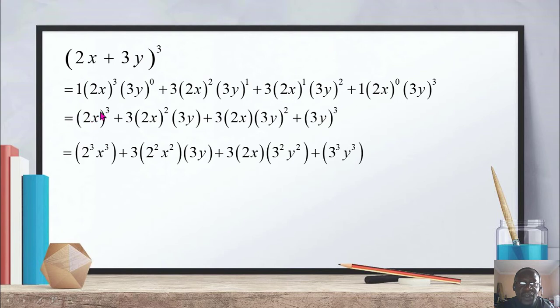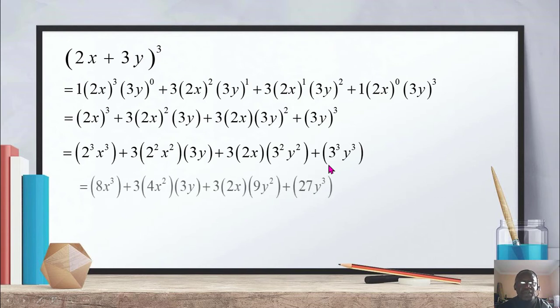So this 2 will be raised to power 3, which is 2 to the power 3, and x as well will be raised to power 3. So we're going to have x to the power 3 like that. In the same way, 2 raised to power 2 and x raised to power 2. That's why we have that. And if we come here, 3 will be raised to power 2, and y will be raised also to the power 2, and 3 will be raised to power 3, and y will be raised to power 3 as well.